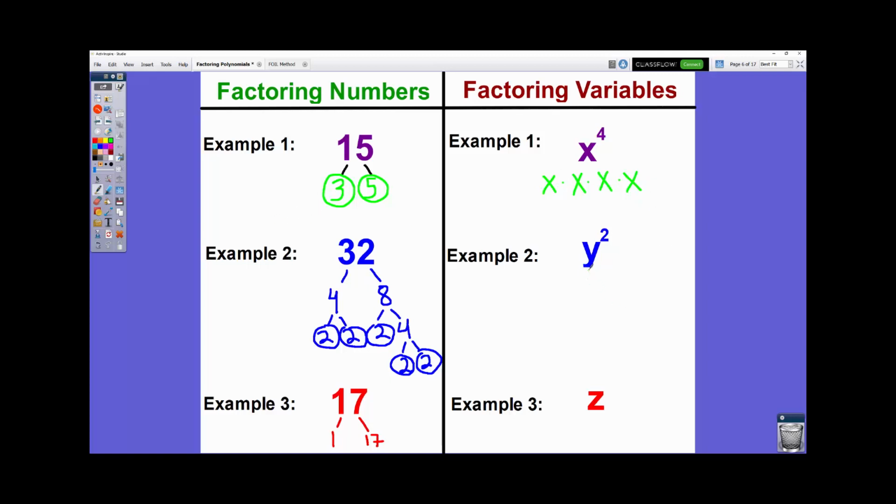The same thing will be true for y to the power of 2. You're just going to rewrite it using expanded notation. y to the power of 2 would be y times y. That's the prime factorization. And just like with 17, if you just have a z or a variable to the power of 1, it is already written as a prime factor, so there's nothing that you can do with it.